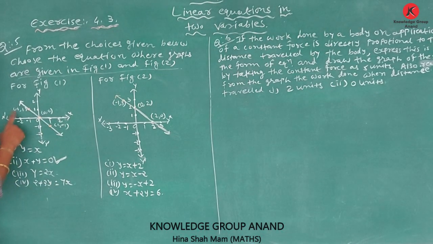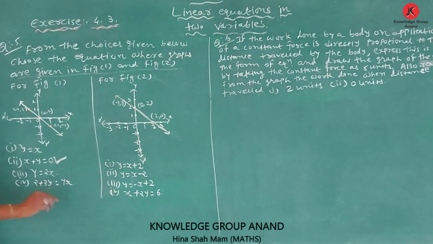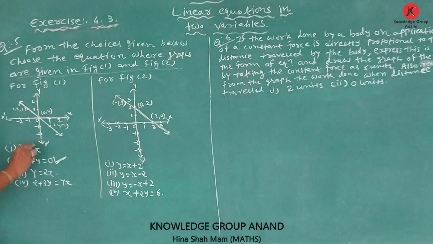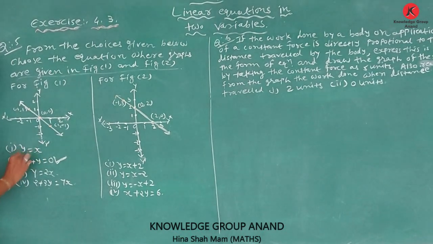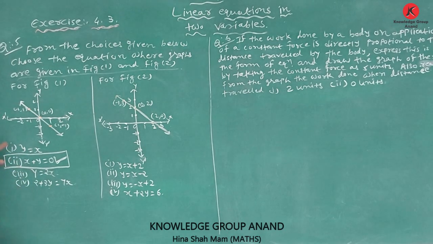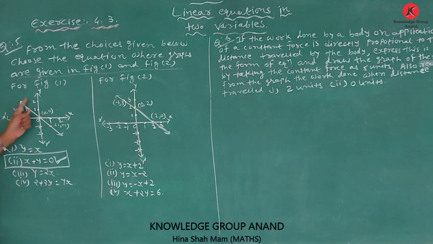And taking x equal to -1, 7 into -1 is -7. 5 is equal to -7, which is not valid. So the correct option is the second one, x plus y is equal to 0.